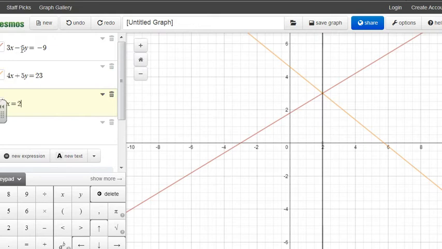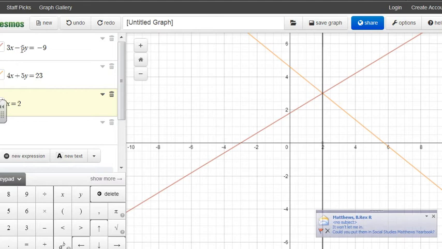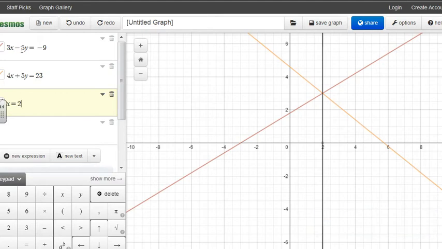Okay, and then we had x equals 2. If I don't type it in as 7x equals 14, but just reduce it, x equals 2. Different line, but what does it do? It passes through the same point of intersection.